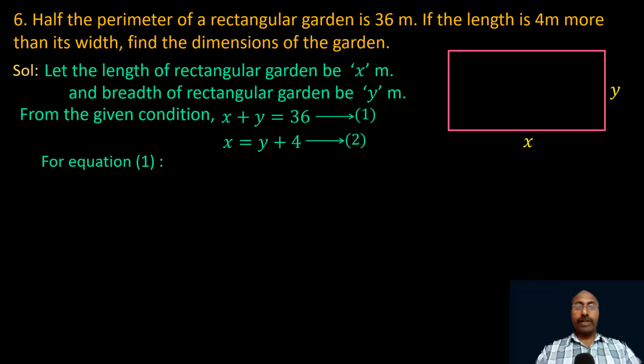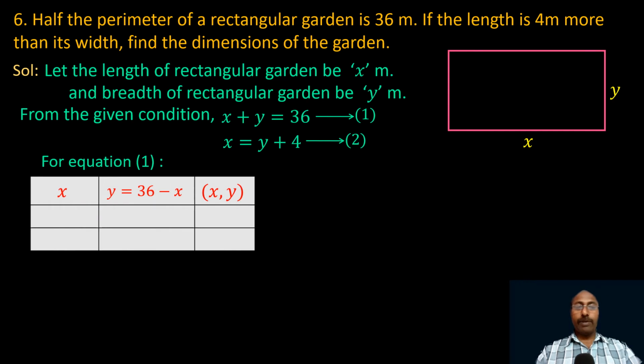So for equation 1, draw the table. So here we have y equal to 36 minus x, and now take some values for x. If you take x equal to 12, then y is equal to 36 minus 12, which is equal to 24, and the point is 12 comma 24. And if you take x equal to 16, then y is equal to 36 minus 16, which is equal to 20. So the point is 16 comma 20.